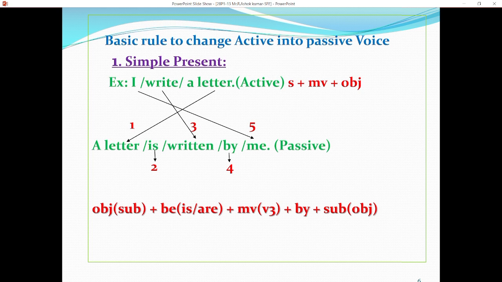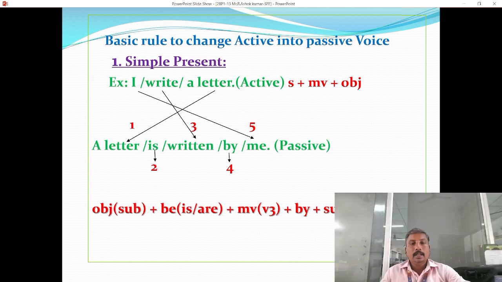Then the second rule is you have to add a be form verb, that means an auxiliary verb. In simple present, we can use the auxiliaries am, is, or are. These auxiliaries we use when you change the simple present into passive form.